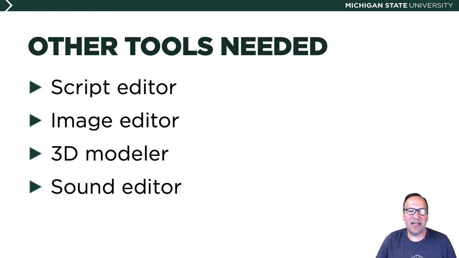Further, Unity doesn't have an image editor. You'll use other tools like Photoshop and Illustrator and so forth to create 2D visuals, and 3D tools like Maya, 3ds Max, or Blender to create 3D content, and then bring them into Unity for use in your game. The same is true related to the use of sound editors to create sound effects and music. We'll talk more about these types of tools later in the course.